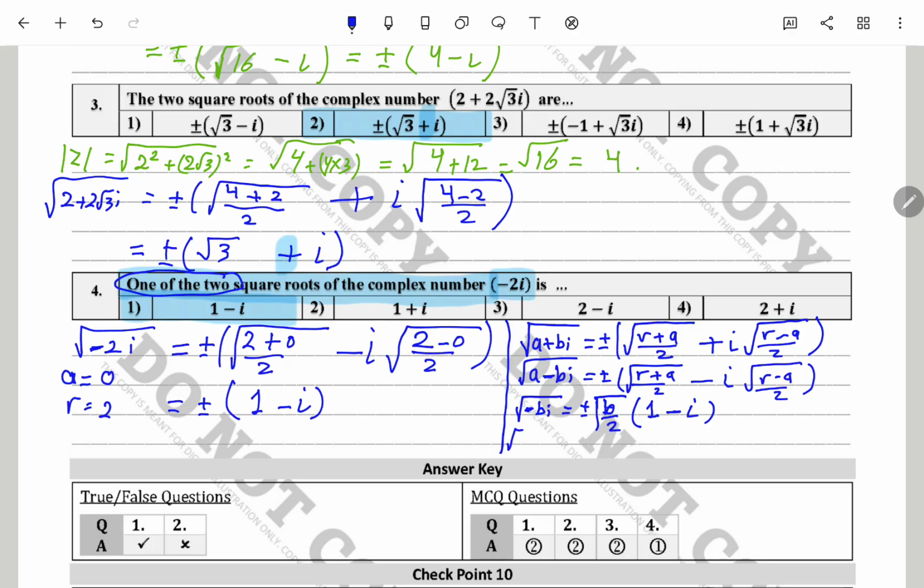And if you have positive for this pure imaginary number, you can write positive and negative for all, and the square root of b divided by 2 as a common factor multiplied by 1 plus i. That can help you get the answer easily.